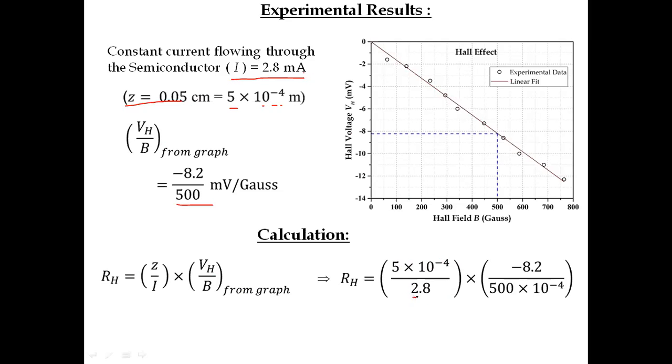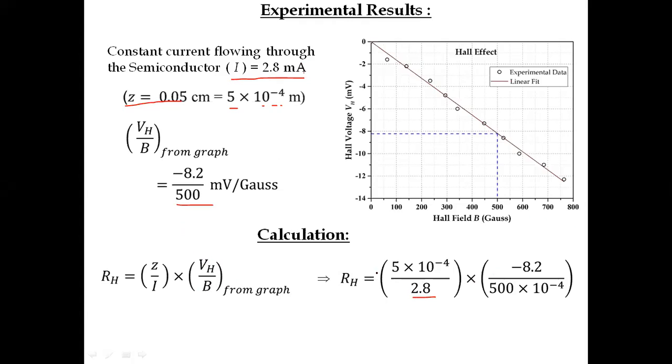But you observe VH is also in millivolt. Therefore, this 10 to the minus 3 cancels out. That's why I have not written it here. So 2.8 they are fixed.